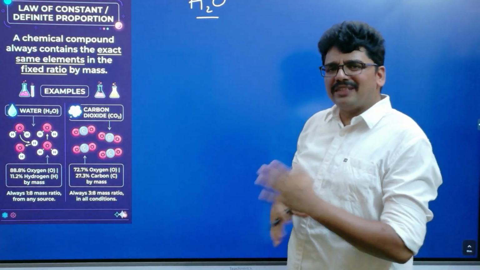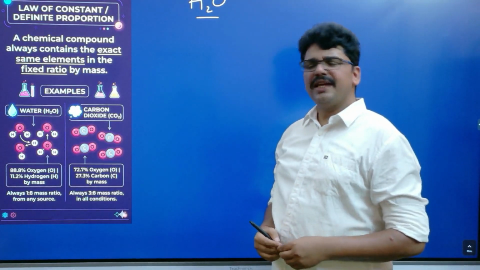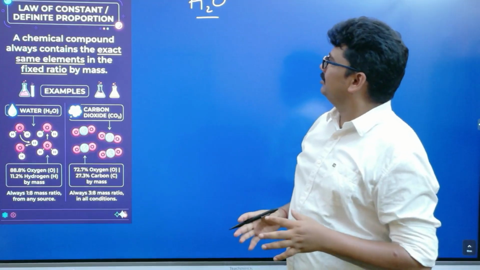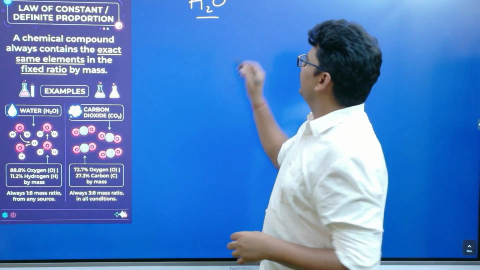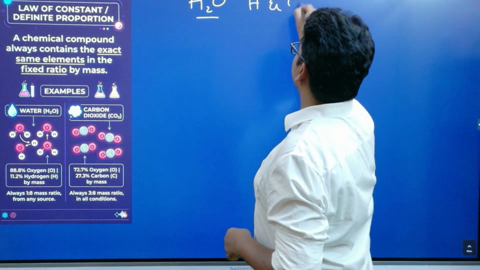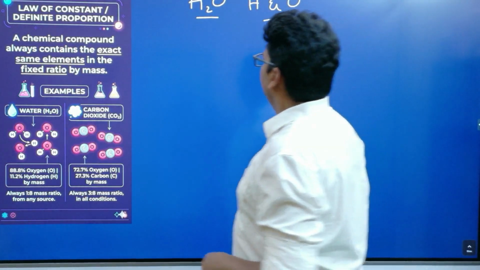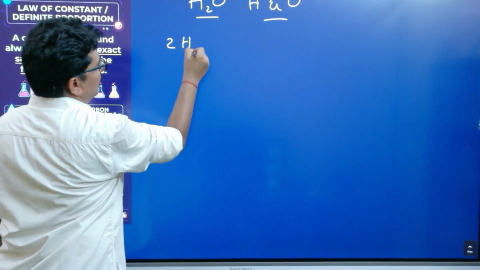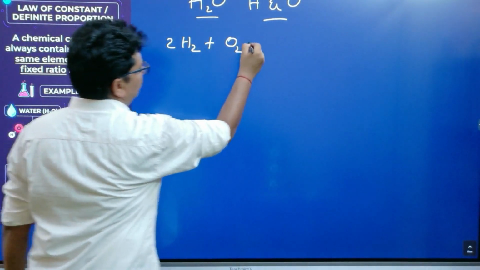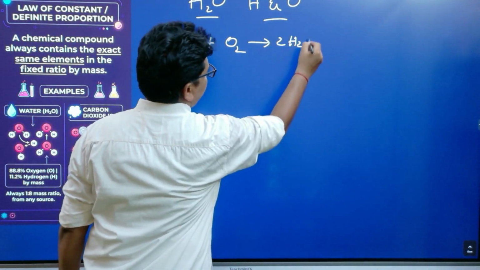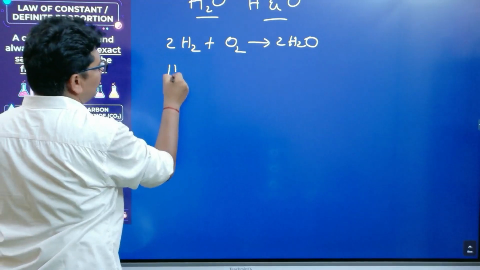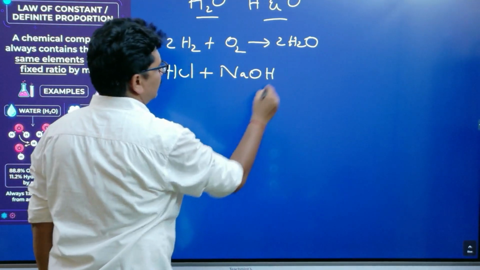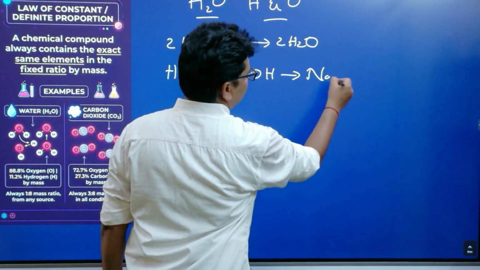Whatever the method of preparation of water, any method you take, in all the methods, the sample of water contains hydrogen and oxygen. There is no other element. So use combustion of hydrogen, which gives water, or an acid base reaction, HCl plus NaOH gives NaCl and water.